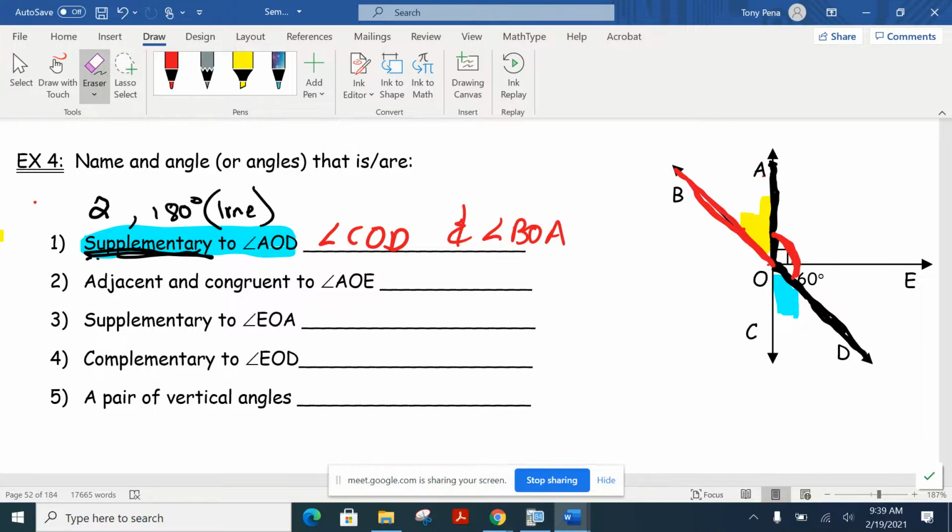Yeah. Okay, number 2, adjacent and congruent to AOE. So let me erase this, easy for me to do, maybe not as easy for you guys, but I want to find angle AOE first. So here is angle A to O to E. So I want to know what angle is right next to it. There are two angles right next to it. This angle is right next to it.